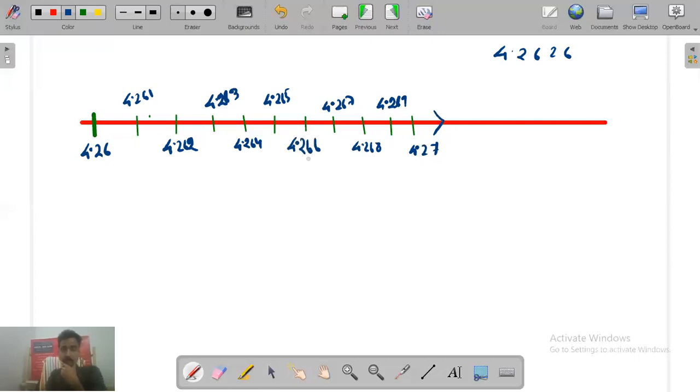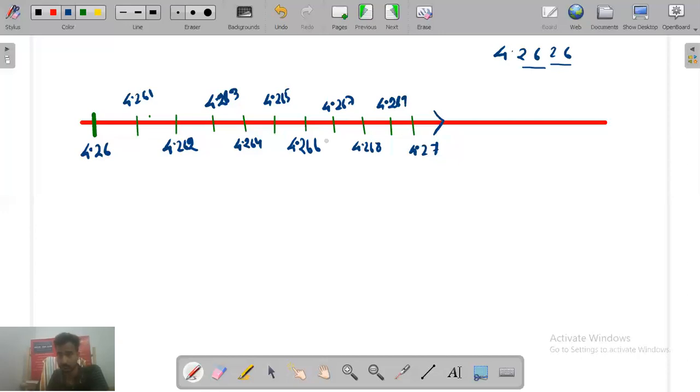Again you have to see 4.2626: the next digits are 26. That means it is greater than 4.266 but less than 4.267. So again you have to divide 4.266 and 4.267 into what?